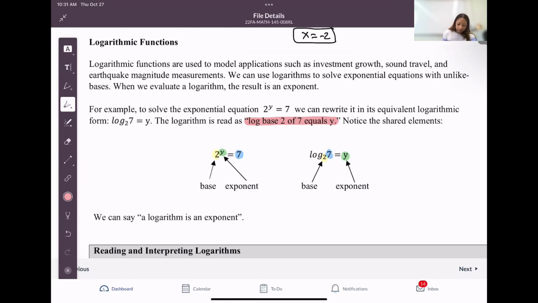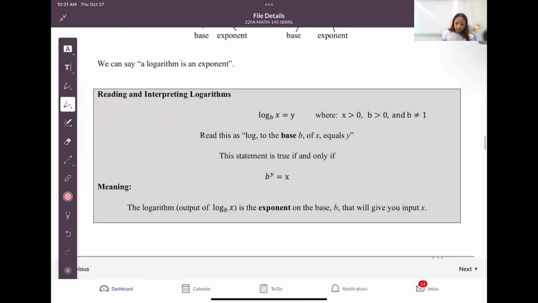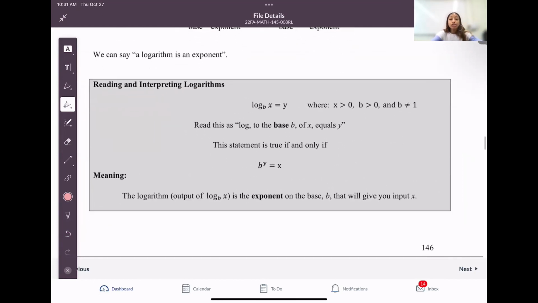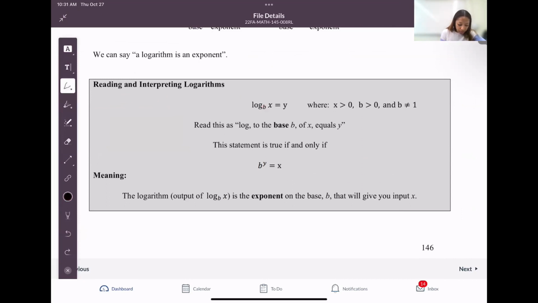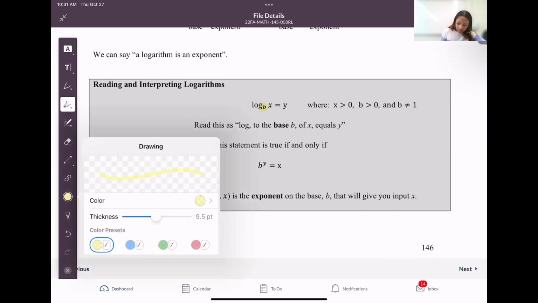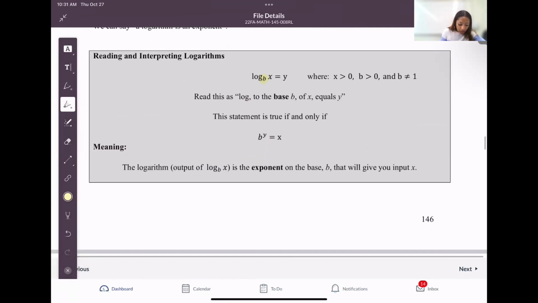All right. So reading and interpreting logarithms. In general, if we have log base b of x equals y, this base tells us what the base of our exponential expression is. So this is saying I want to take b and raise it to some power, and I want to get x.